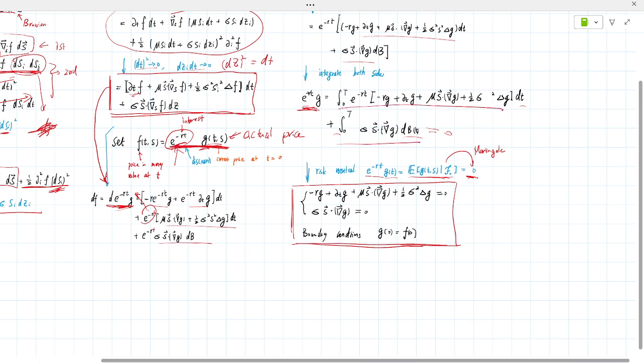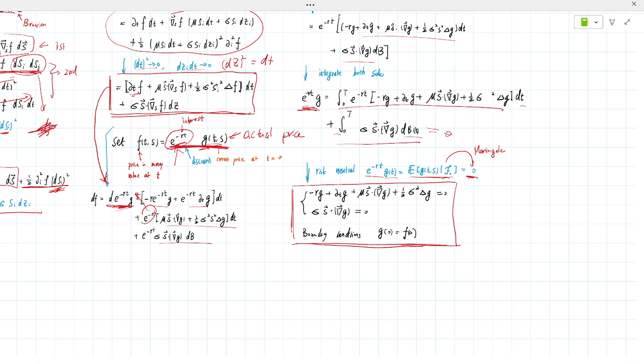So for this to equal 0 for any event at any given time, we have to make sure that anything in the parentheses is 0.